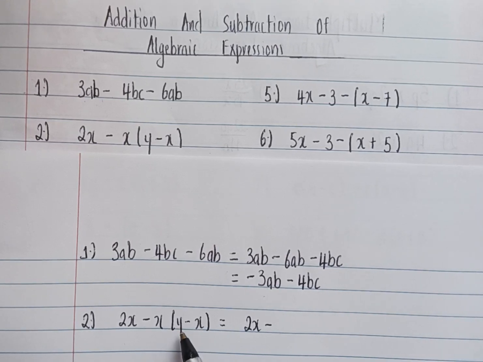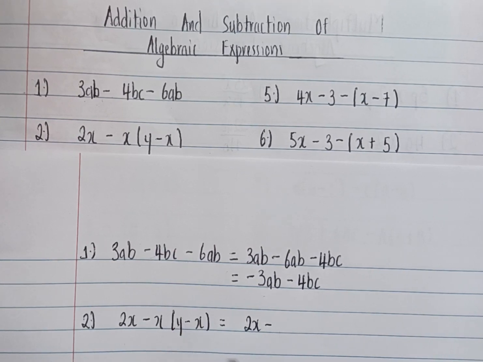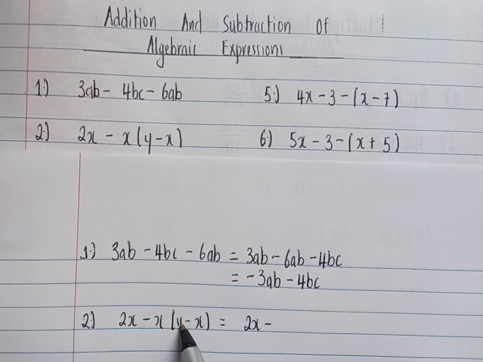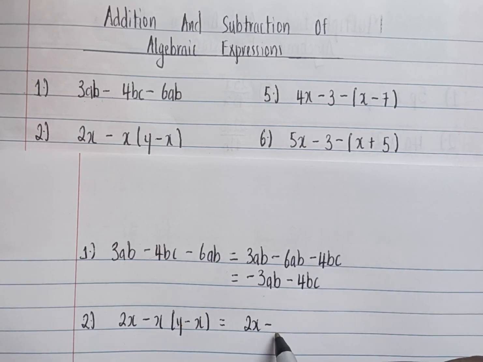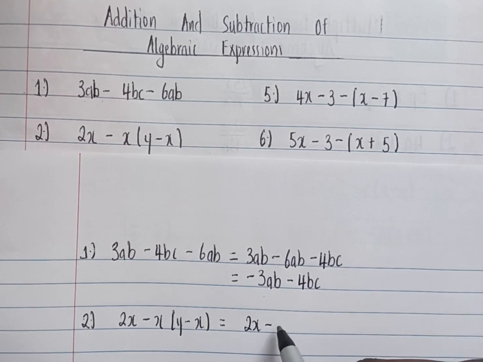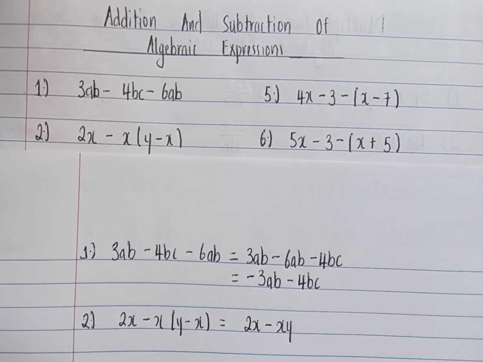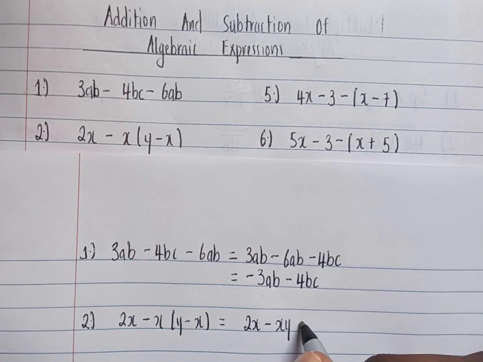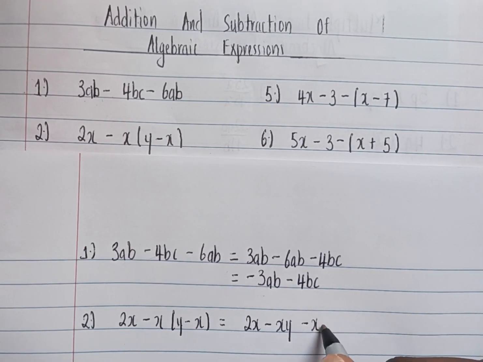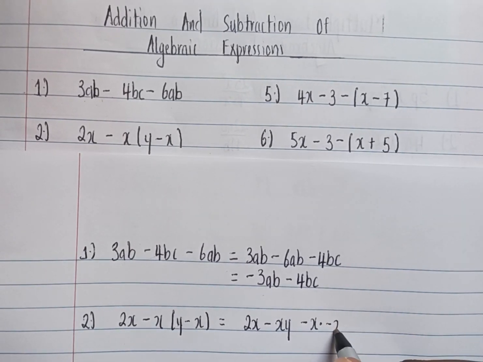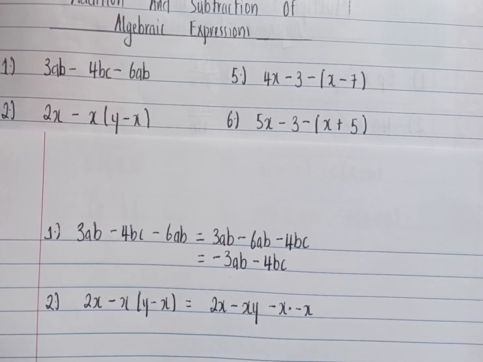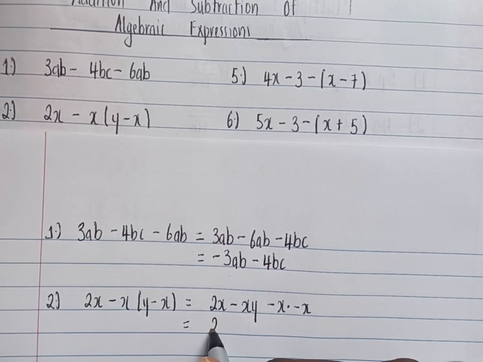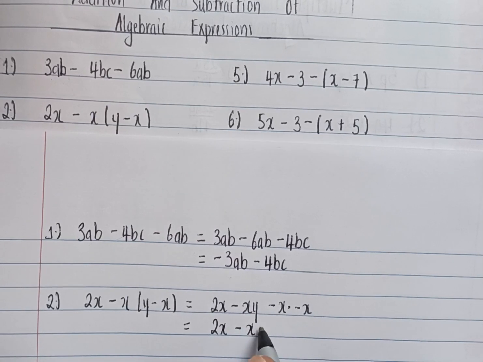When we have this kind of case, we multiply the expression outside the bracket by each of the expressions inside the bracket. So this will be minus x times y. So minus x times y is minus xy, and minus x times minus x is, let me just put, plus x squared. So this will be equal to 2x minus xy.